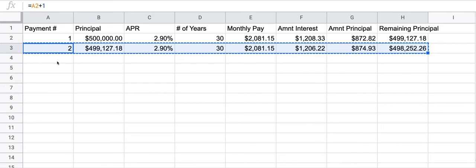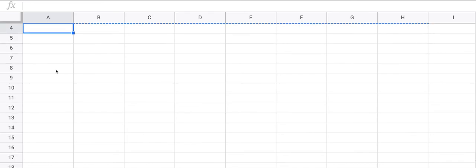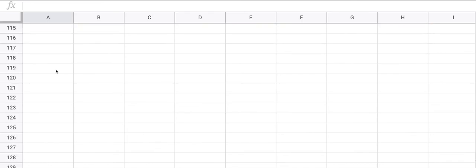Now I'm going to click on this cell, and I'm going to scroll all the way down until we get to row 361. So I want you to hold Shift and click on this cell.